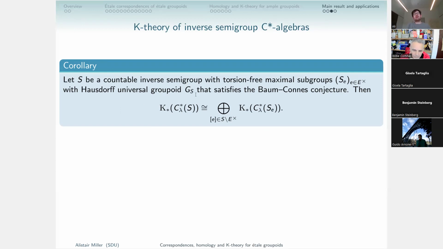The groupoids that look a bit like the universal groupoids of inverse semigroups, say, where you can actually compute the K theory and it splits up into this discrete thing. So they're definitely groupoids where you can actually compute things, at least relative to the isotropy groups.